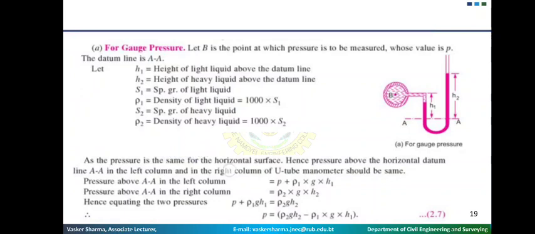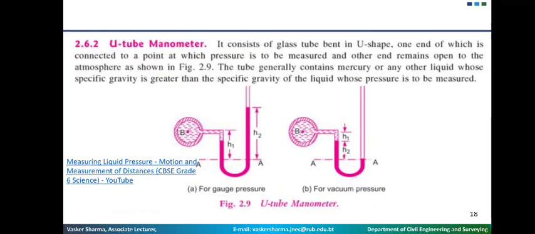This is the same as before: this is the pipe, and the pipe is flowing, with water flowing inside. We want to find out the pressure at this point, which is marked as point B here.